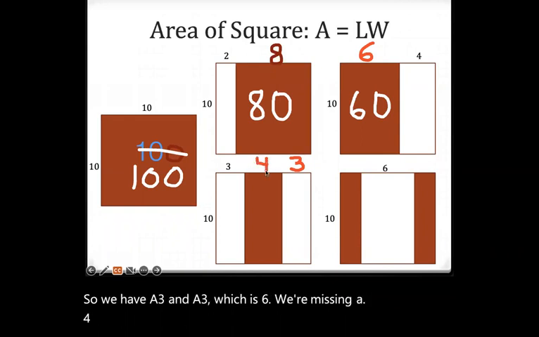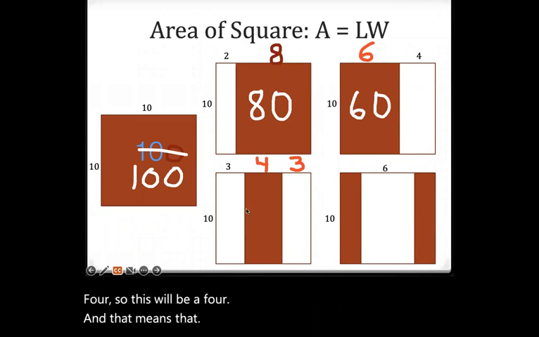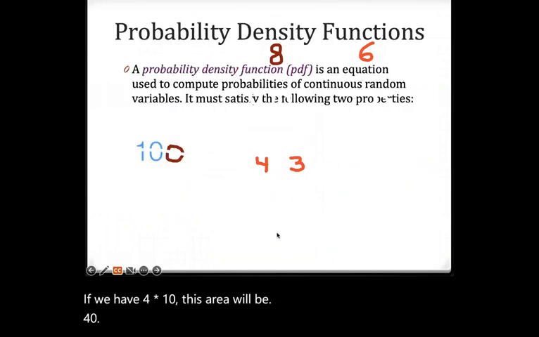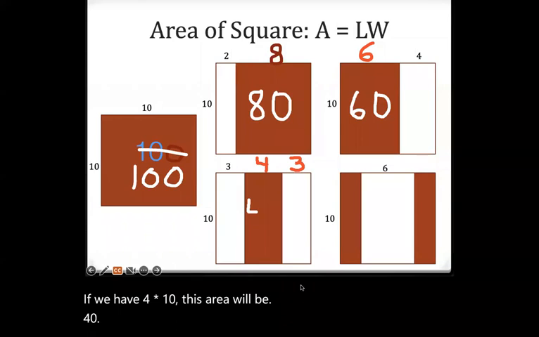So this will be a 4. And that means that if we have 4 times 10, this area will be 40.